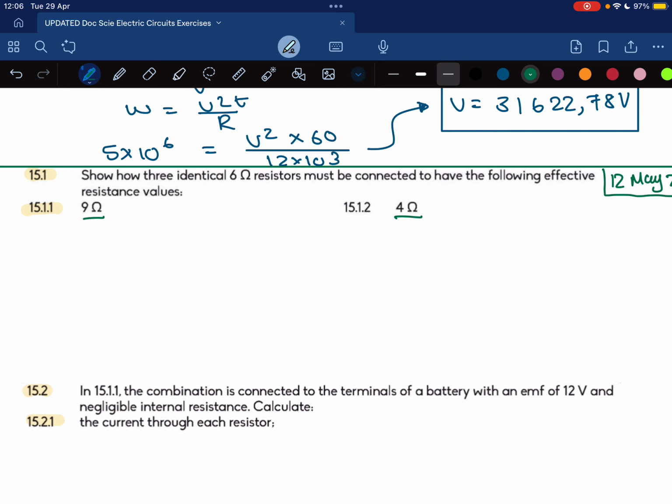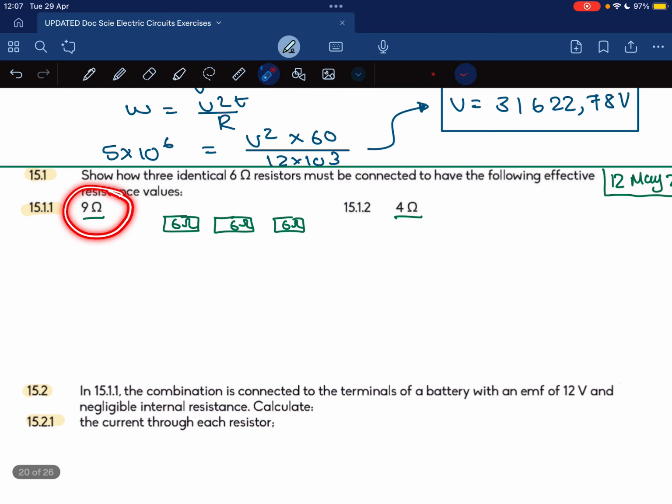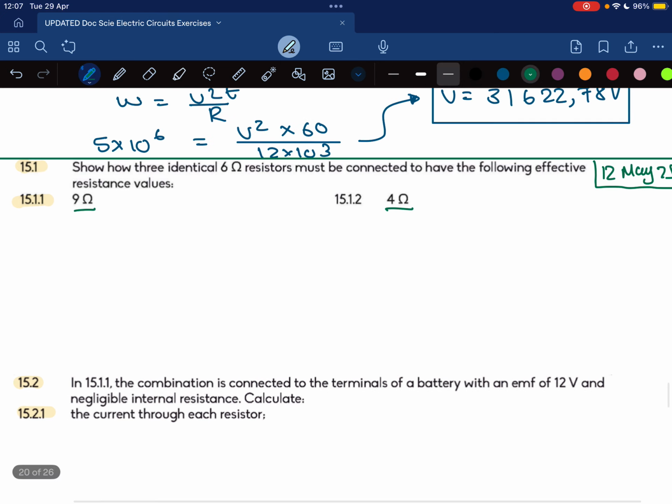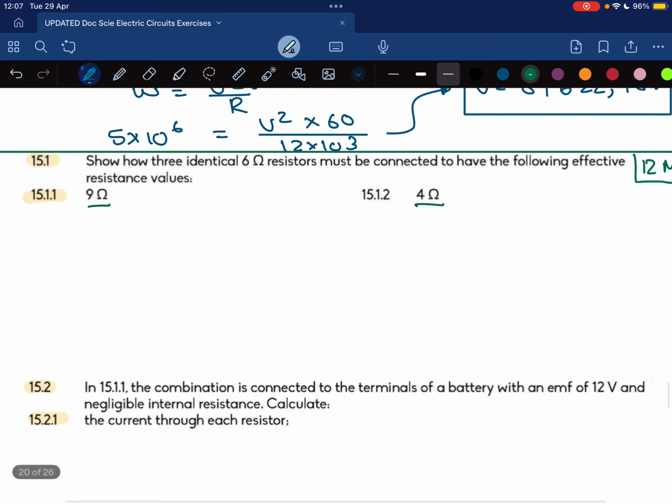So if you have 3 resistors of 6 ohms each, you need to figure out how you are going to arrange those 3 resistors in order to give you this total resistance in the circuit, and then this one. Take a moment, this is very important. Pause the video and try to figure out exactly how these resistors are going to be arranged, and then unpause and we can go over it. Just think about it carefully, and then we can look at it together.